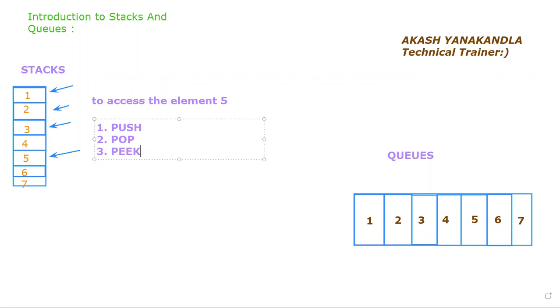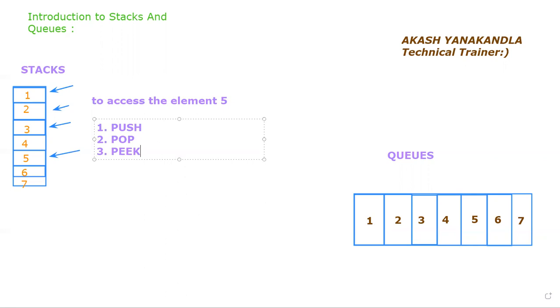When I say pop operation, it means to remove completely the element present at the top of the stack. And when I use peek, it does not delete the top element. Rather, the peek operation will display what is present at the top of the stack.